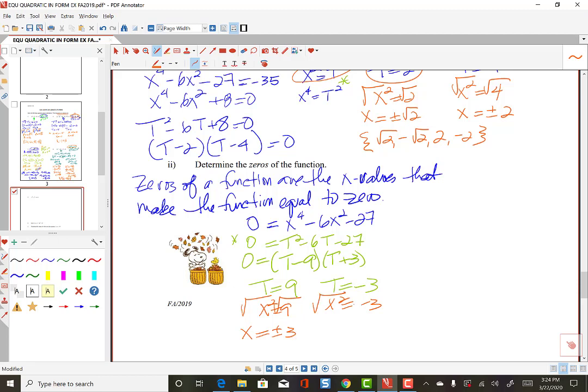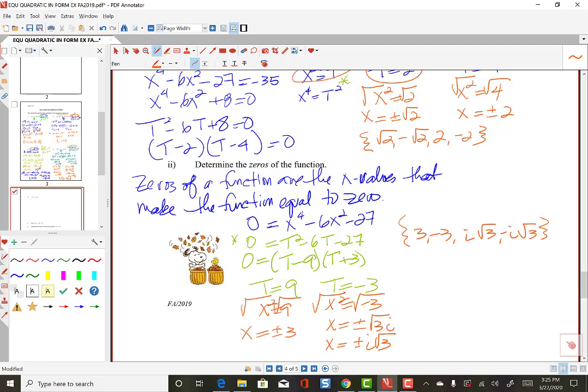If I take the square root here, I get x is equal to plus or minus the square root of 3i, or if you prefer to have the i in front of the square root, that's fine with me as well. So if I write my answers in solution set notation, I'm going to have something like 3, negative 3, i times the square root of 3, and negative i square root of 3.